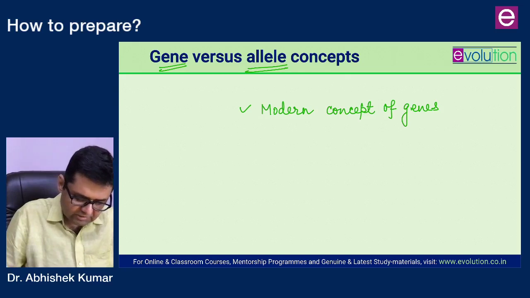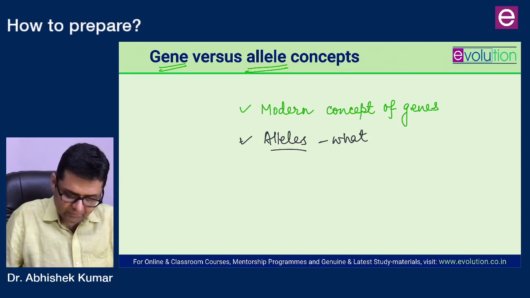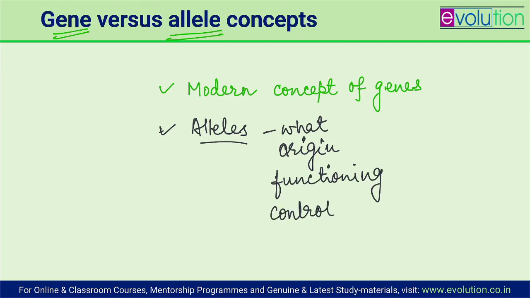So: the modern concept of genes; then alleles, where you discuss what alleles are, then how they arise; after that, their mode of functioning and control of phenotype. Two short notes and this topic is completely done.